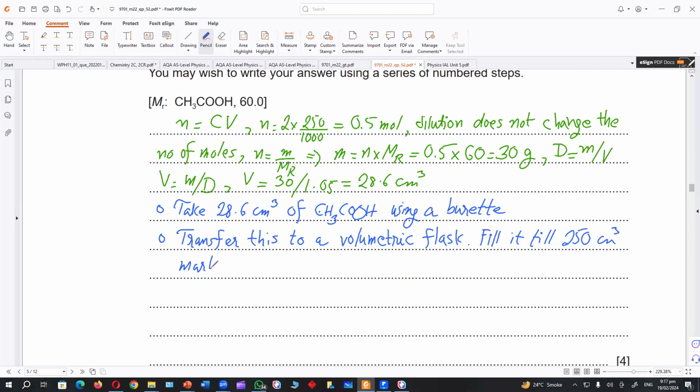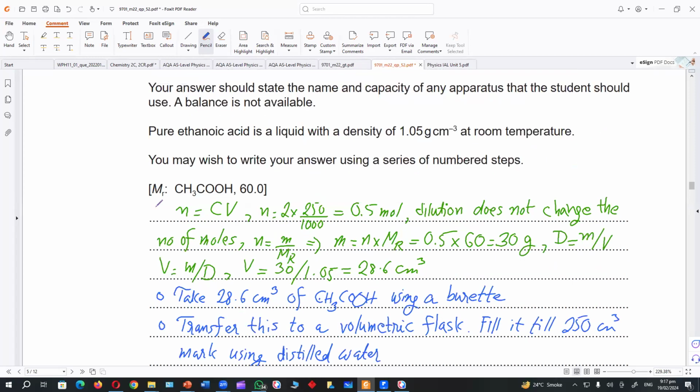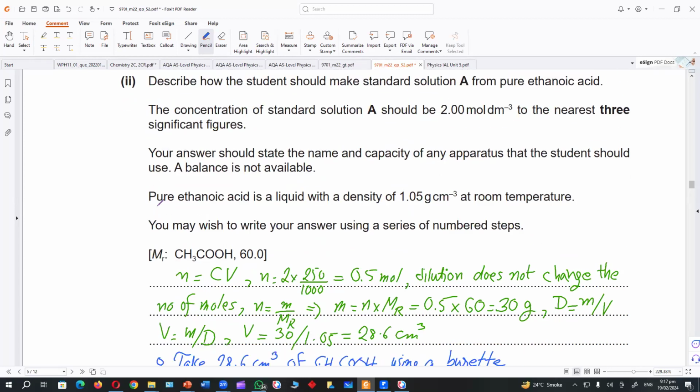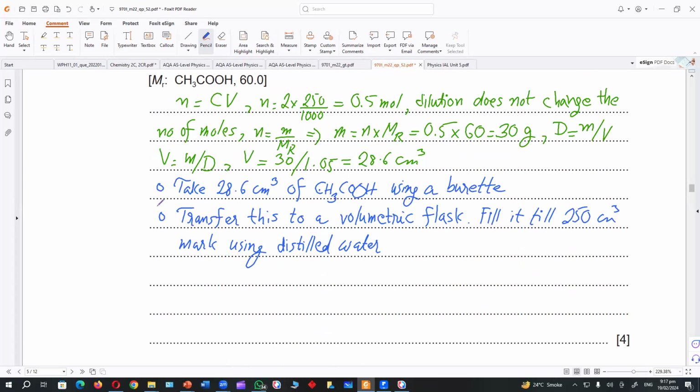I have to fill it till 250 cm cube mark using distilled water. Okay.